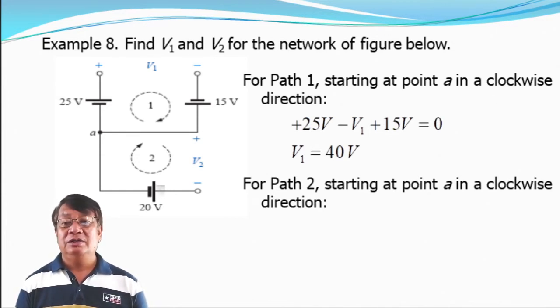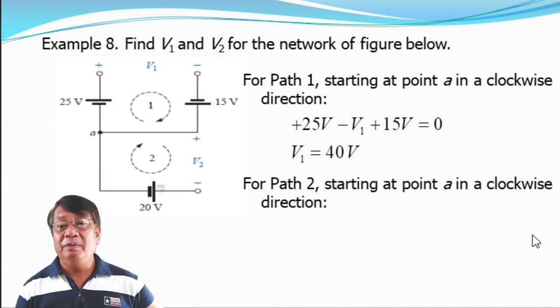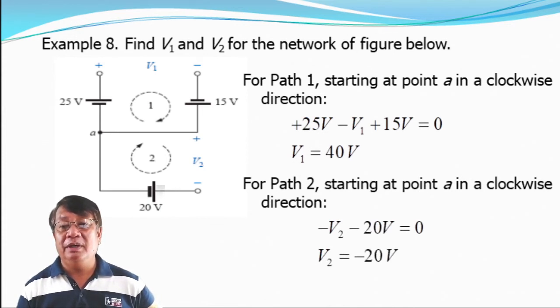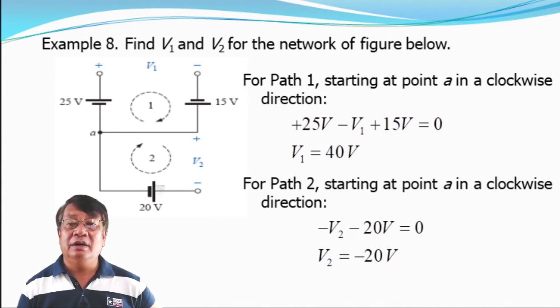Okay, so for loop number 2, let us start here with this terminal voltage V sub 2. This is clockwise, so going from positive to negative, it results in negative V sub 2. And this is also from positive to negative, so that is minus 20 volts.